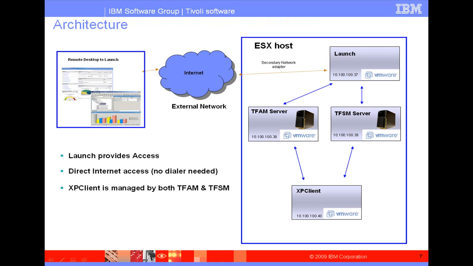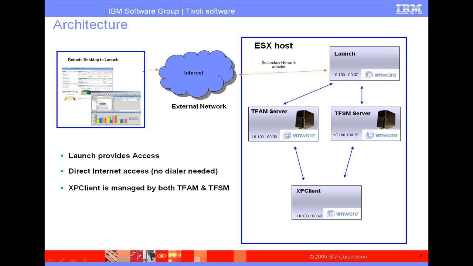Alright, let's talk about the architecture of the environment as well as how you would gain access to the environment. I'm going to start on the left side and work my way clockwise around this picture. On the left side you will see a blue box that says Remote Desktop Launch. That box represents your ThinkPad anywhere in the world. You would use that ThinkPad or computer to remote desktop through the internet, through an external network, which is not the IBM one, into a Launchpad machine, which is running inside of our hosted environment, on an ESX host.